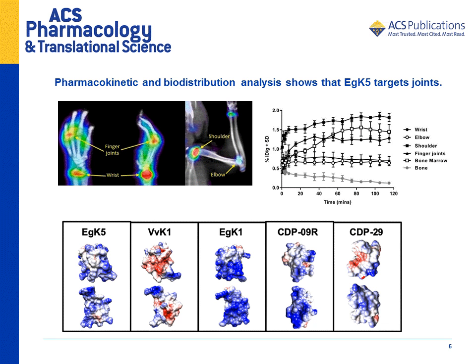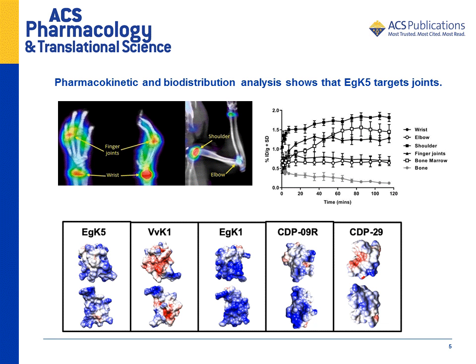And shown on the bottom are two such peptides, CDP09R, which is a joint-targeting peptide, versus CDP29, which does not target joints. And the difference is the positively charged electrostatic potential of CDP09R.